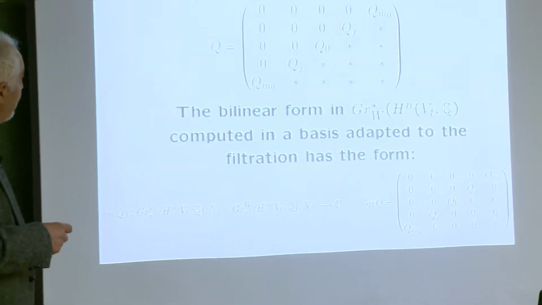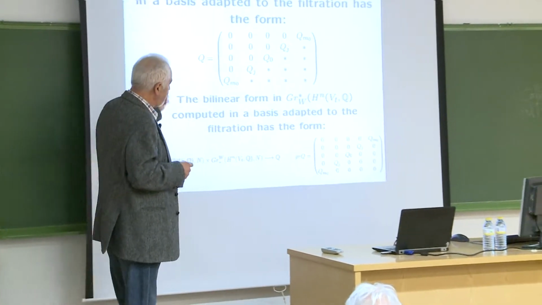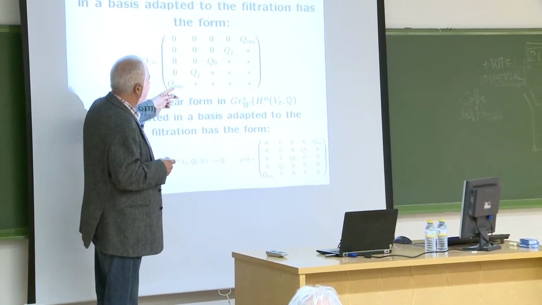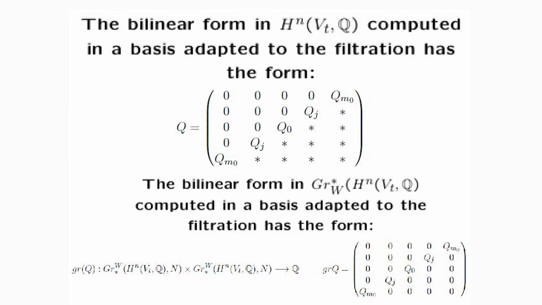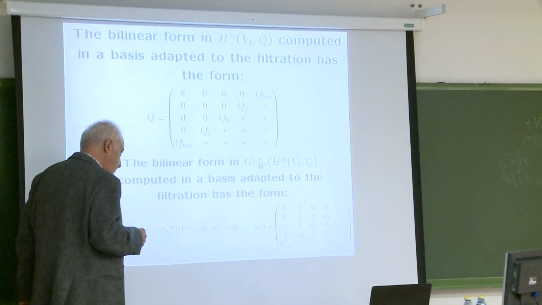Now, if you write the bilinear form using these bases adapted to the flag, it turns out that the bilinear form has this form, and then you can see from here that these 2 are the same, these 2 are the same, and then here in the middle is a different one.